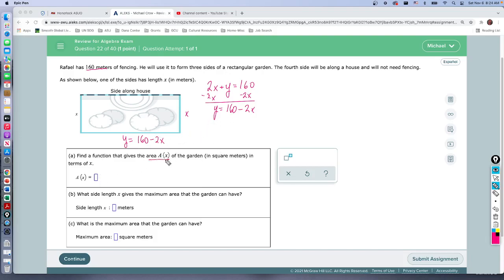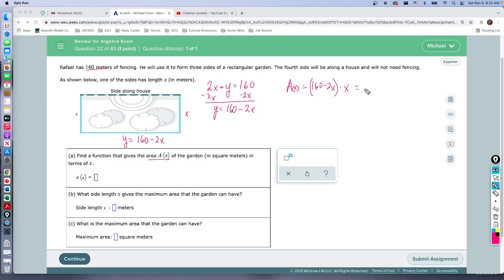Now, how about area? Area is length times width with a rectangle. And we've got our length down here. That's our y value, 160 minus 2x, times x. So we can say easily that our area, A of x, is going to be 160 minus 2x times x.